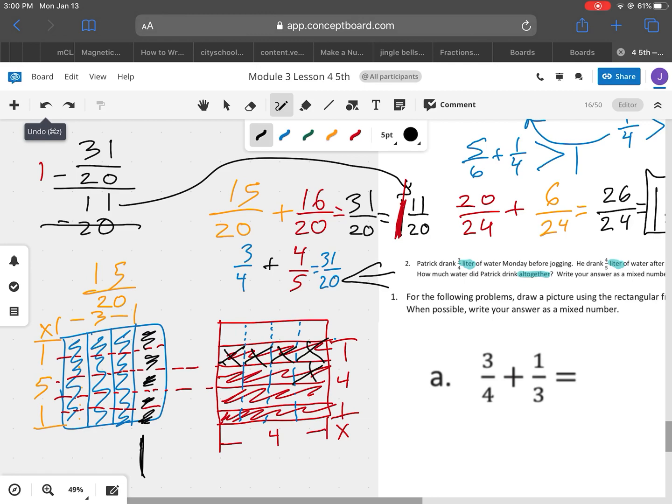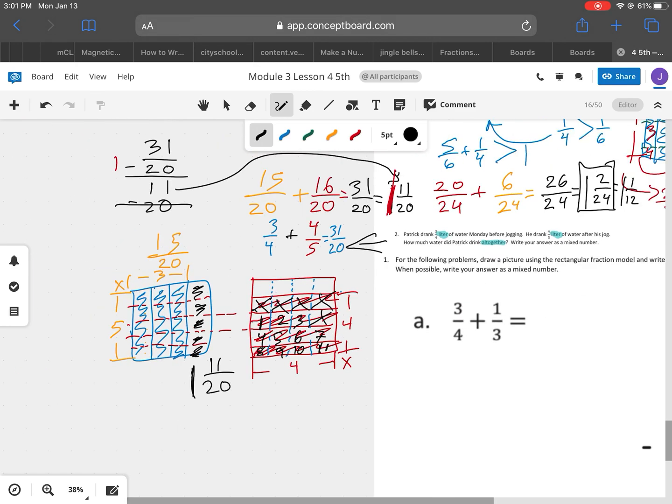So let's go back to the black. 1, 2, 3, 4, 5, 6, 7, 8, 9, 10, 11. So there's 11 out of the 20 still there. Another way to do it is to divide 31 by 20 one time, and you get 11. That's your numerator, and the 20 is your denominator.